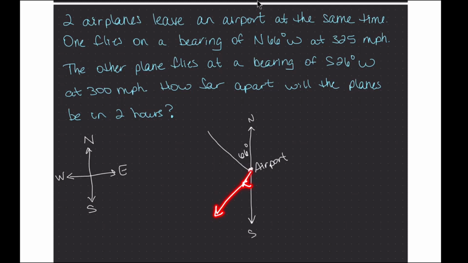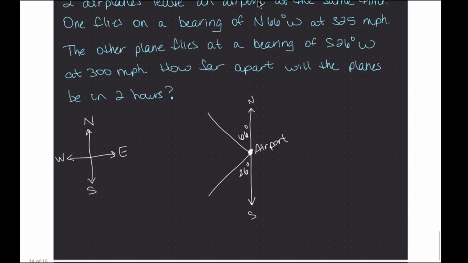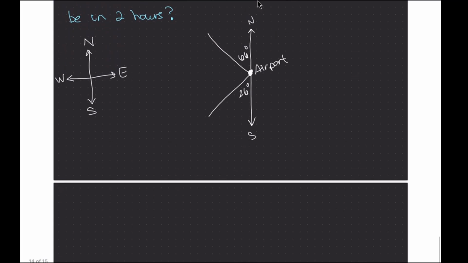So this is going to be the way that I'm traveling. And my angle that I did not draw to scale is going to be 26 degrees. Does that make sense? Ish, right?